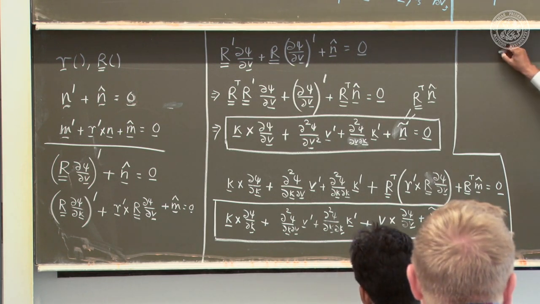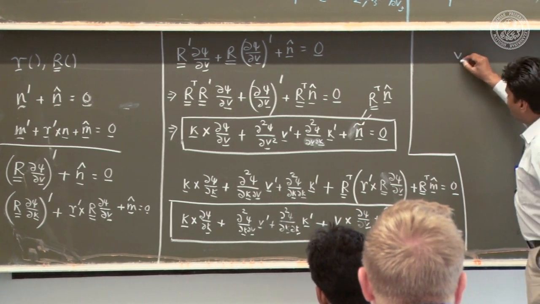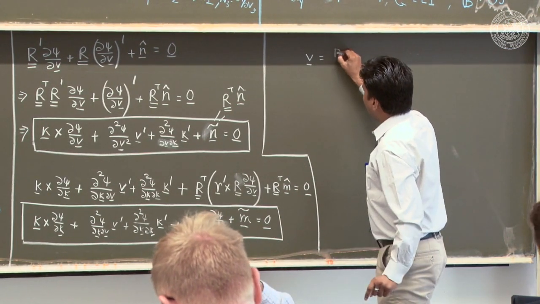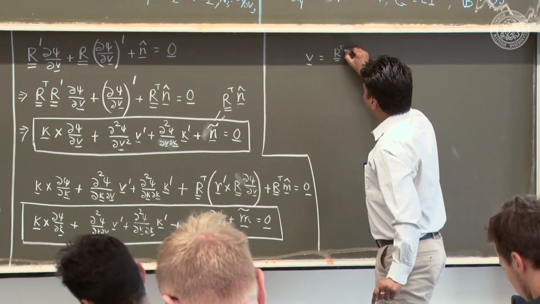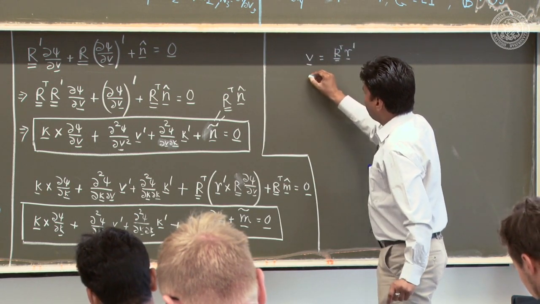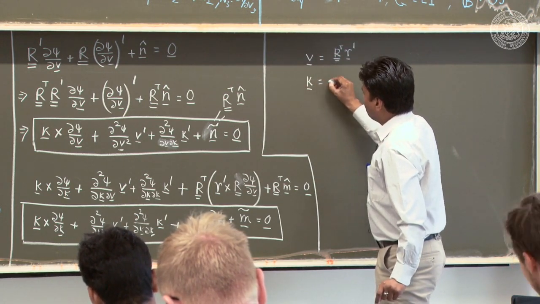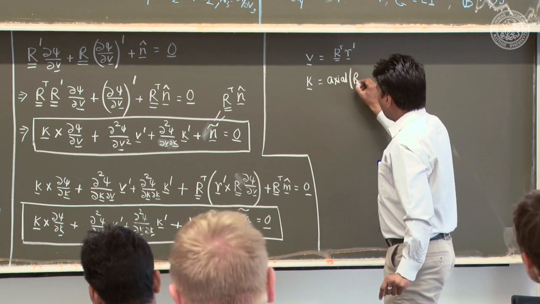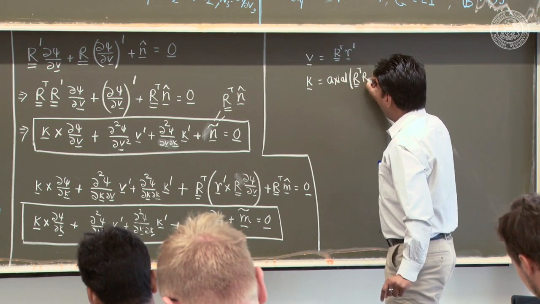So basically there are two ways to look at this. One is, why don't I substitute V equal to big R transpose little r prime and K equal to axial of big R transpose big R prime.